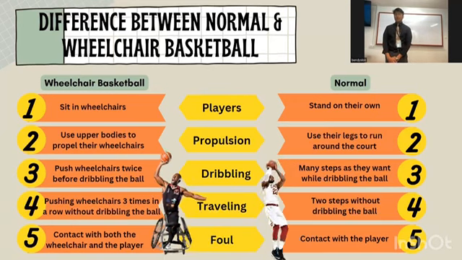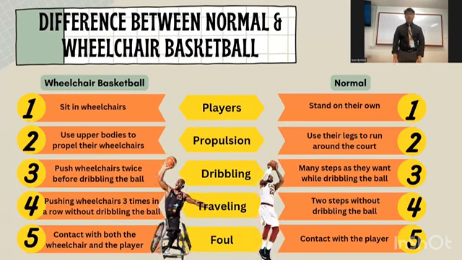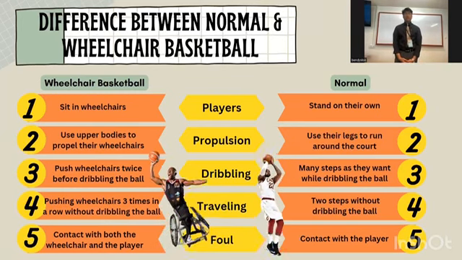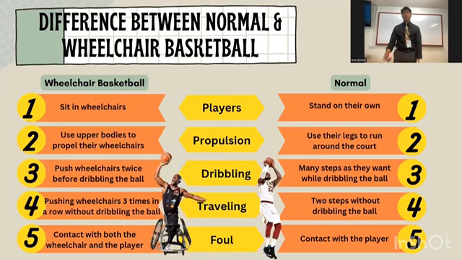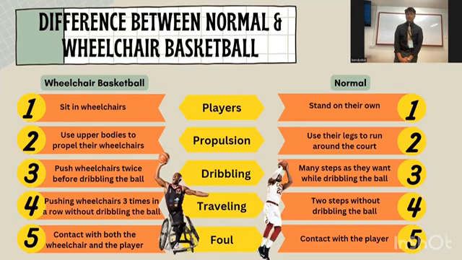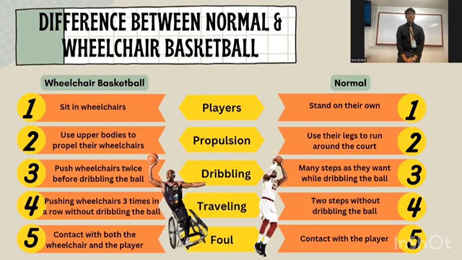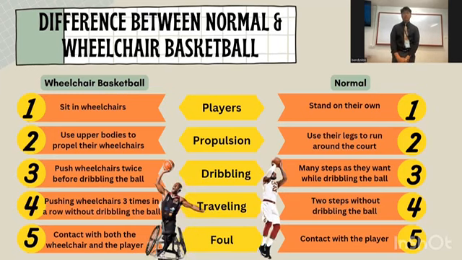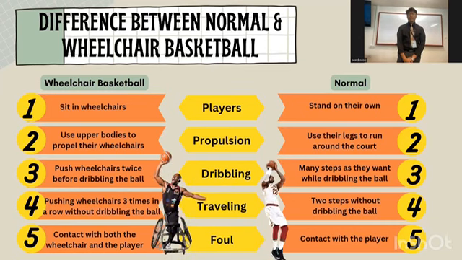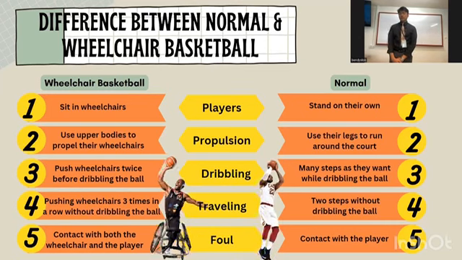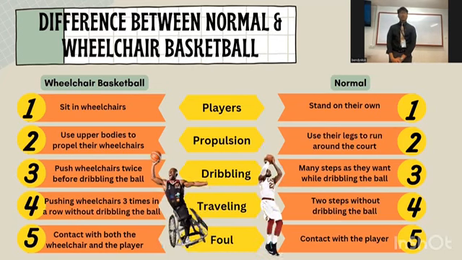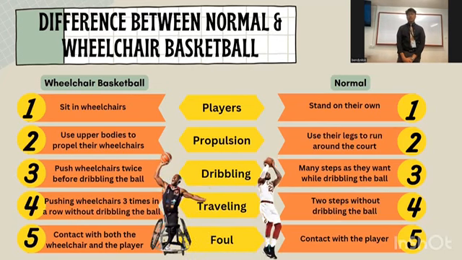The next one is using the upper body to propel their wheelchair, while the normal athlete will use their legs to run around the court. For dribbling, the wheelchair athlete will push the wheelchair twice or thrice before dribbling the ball, while the normal athlete will take as many steps as they want while dribbling the ball.